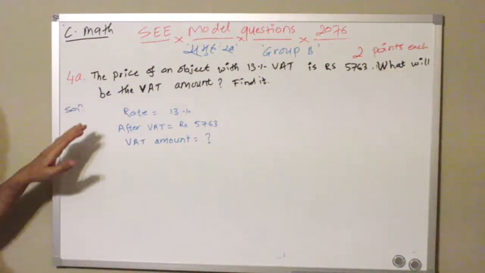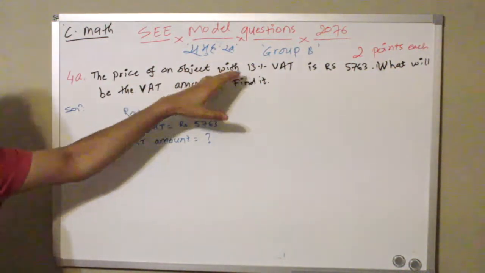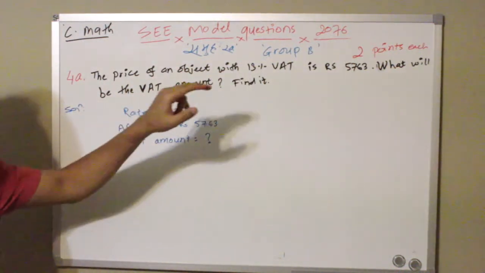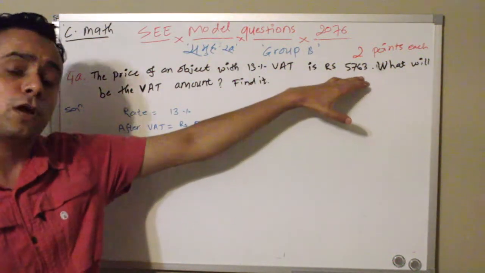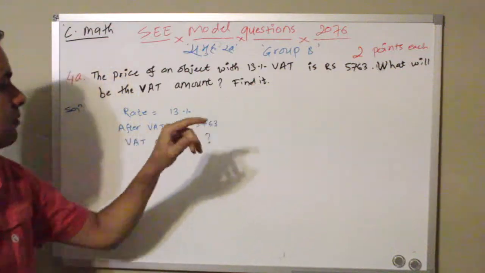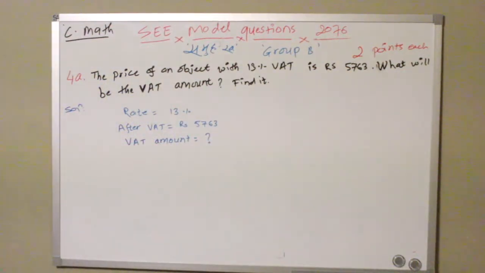Okay, I'm jotting down all the information. We have the VAT rate 13%. After VAT, the price of the object plus VAT is given here, 5,763. Okay, VAT amount equals what?